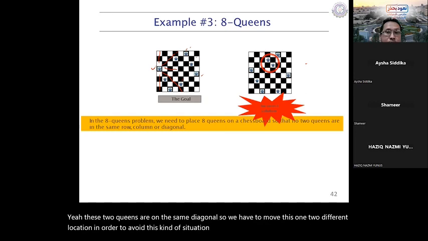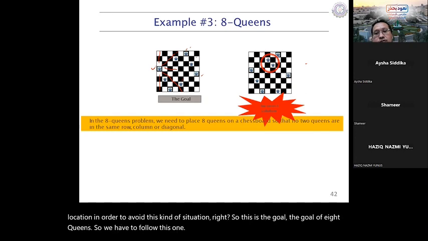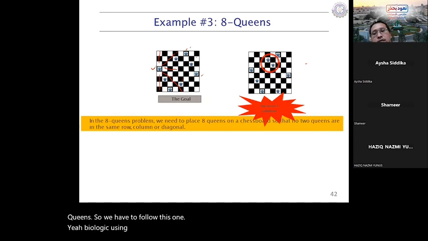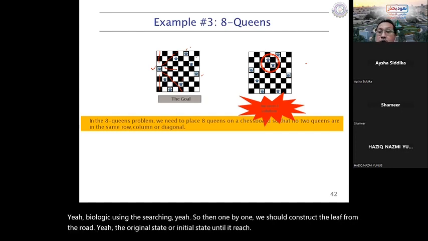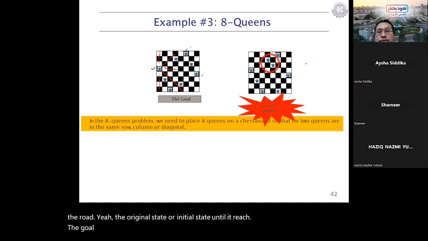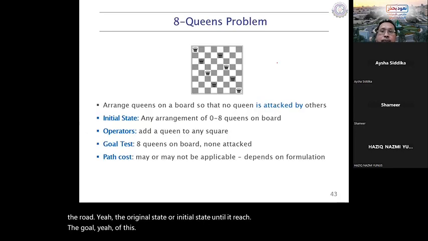So that is the goal of 8 queens. We have to follow this by logic using searching. One by one we construct the leaves from the root, the initial state, until it reaches the goal of this game.